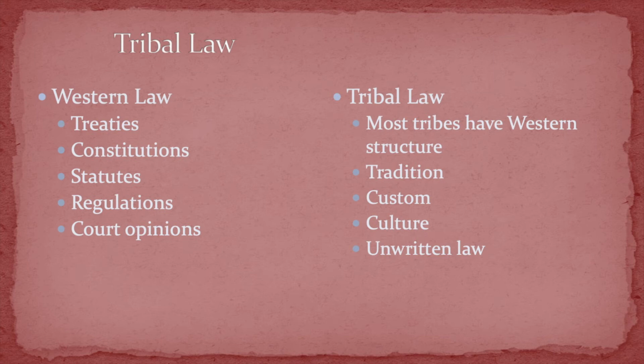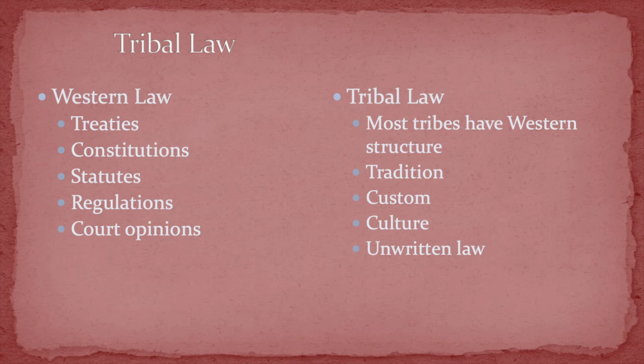Right now, most tribes have some sort of westernized structure. That does not mean that they do not have their own separate structure, but they had to become recognizable so that their expression of government could easily be recognized.